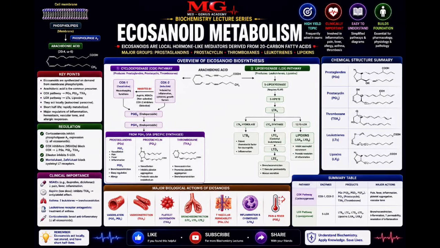When you break down cell membrane phospholipid, you get what? Arachidonic acid. Using what? Phospholipase A₂. So phospholipase A₂ hydrolyzes cell membrane phospholipid to what? Arachidonic acid. Arachidonic acid oxygenates itself by using COX, cyclooxygenase, to give you what?